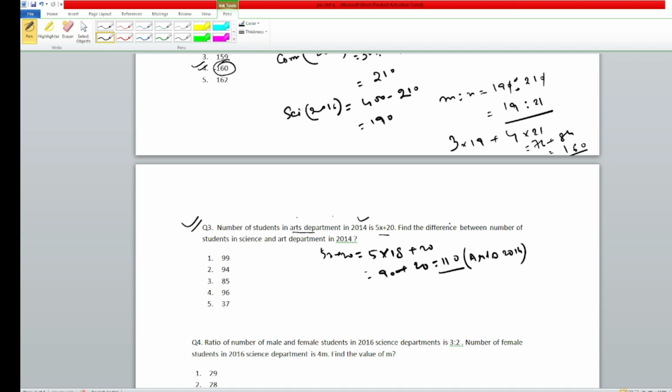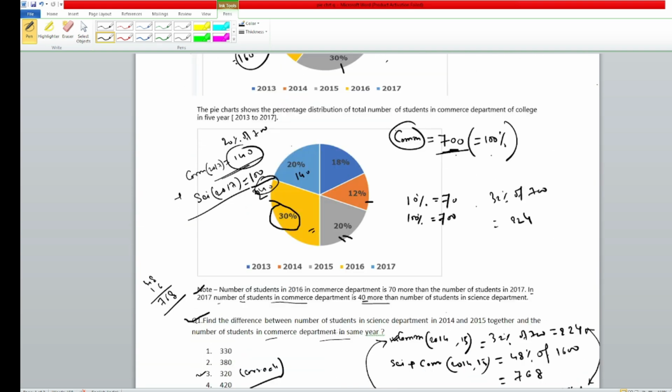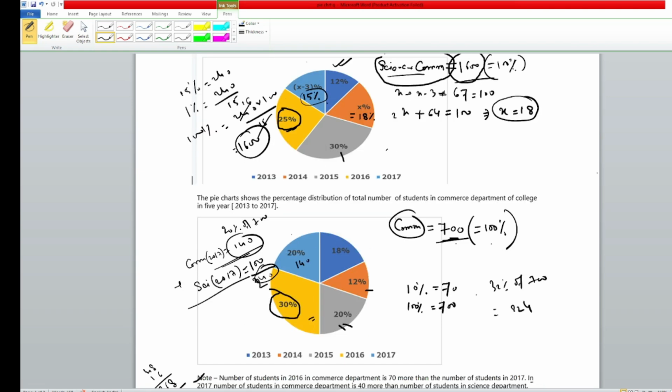Find the difference between the number of students in science and arts department in 2014. So how can we find science and arts? Firstly, we have to find the science department. This is the expression where science and commerce is combined. 2014 is represented by this orange, so 18%.